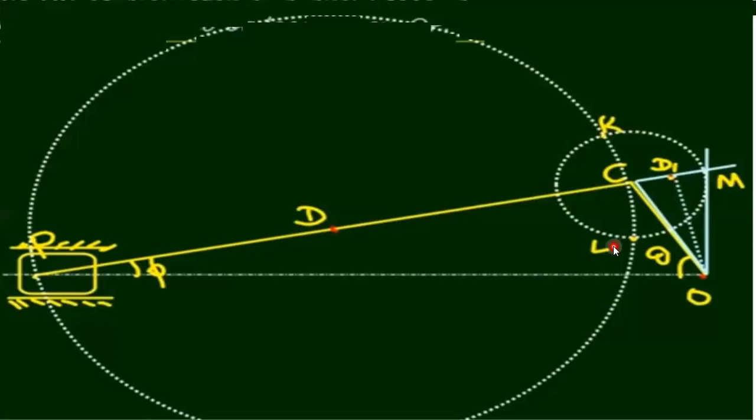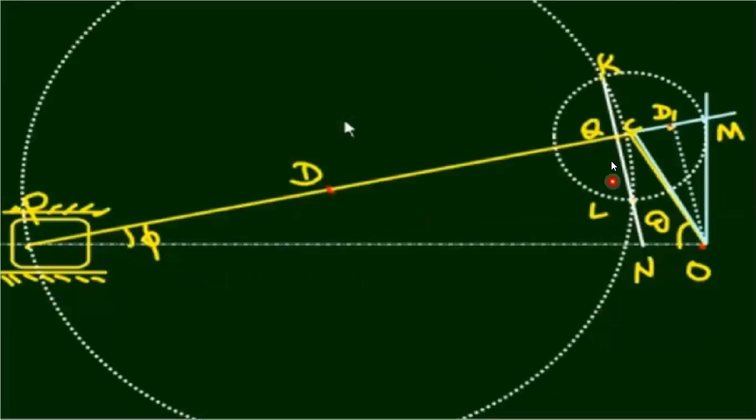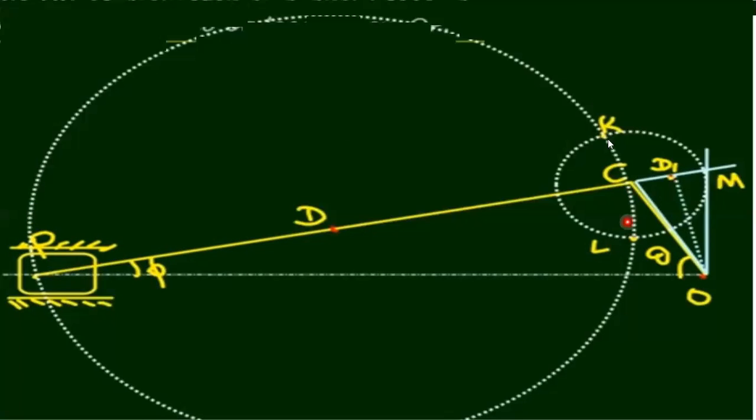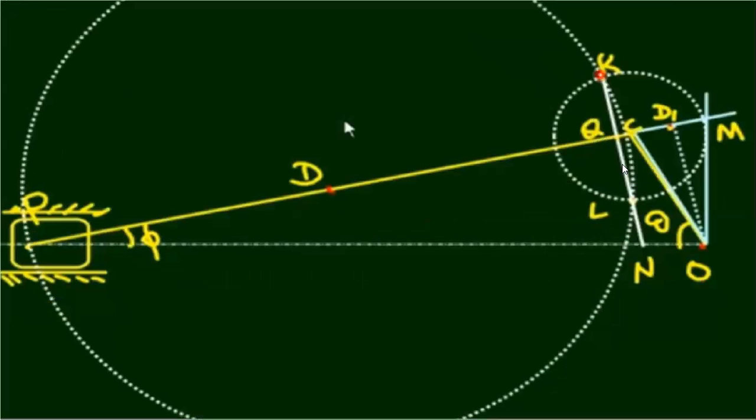Next step is to join K to L. You have two different points, here K, here L. Just draw a straight line joining these two points, K and L, and extend that line till it meets the line of stroke.